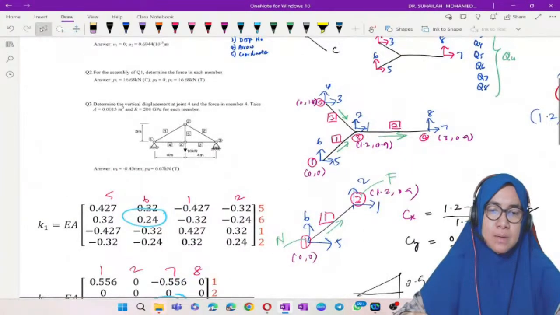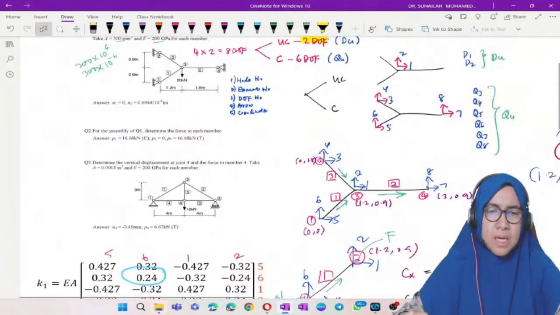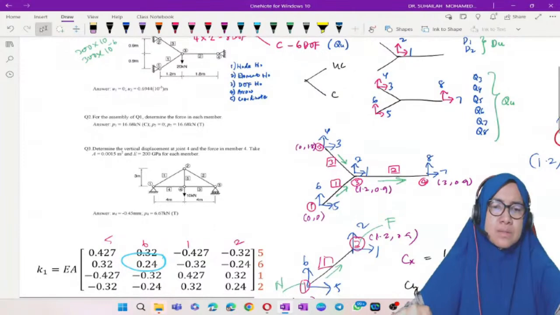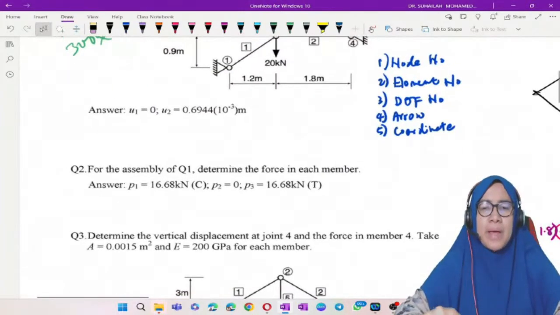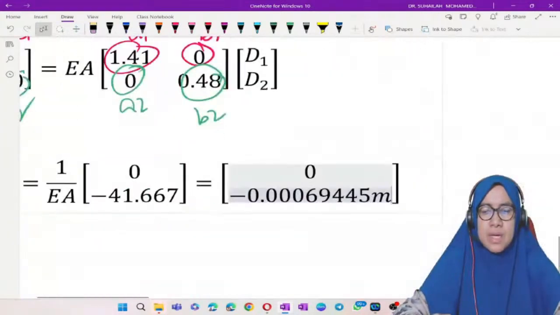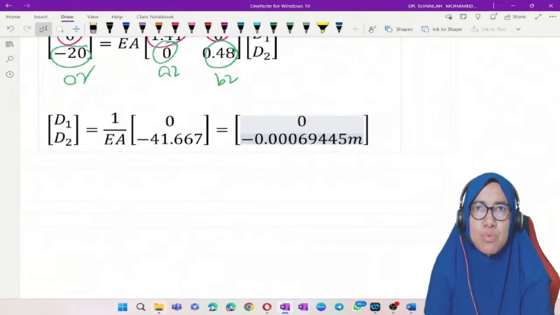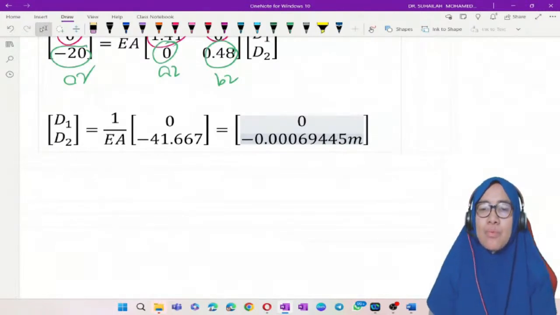Okay, so that is the answer for question number 1. This is how we analyze the unknown displacement using the stiffness matrix method. Question number 2 is for the member forces.